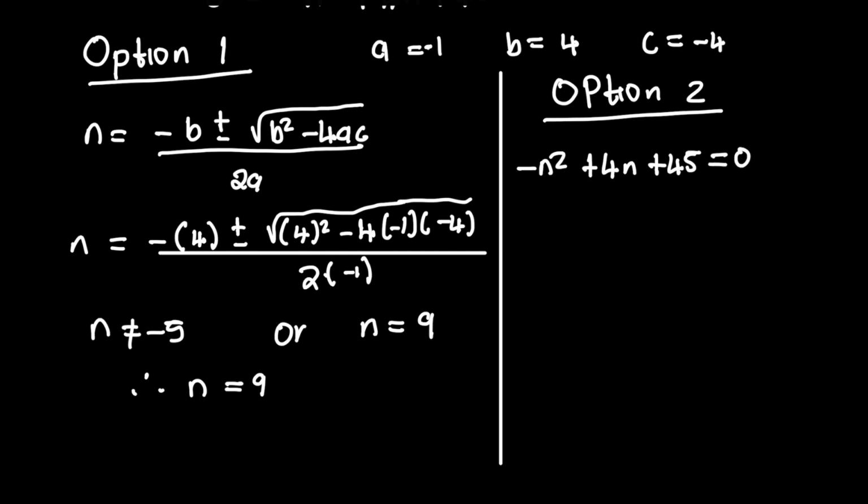And then now we're going to look for two factors that when you multiply you get 45, and when you add them you get 4. So those factors will be 9 and 5.